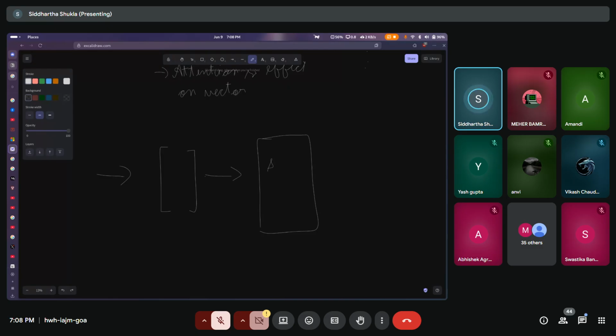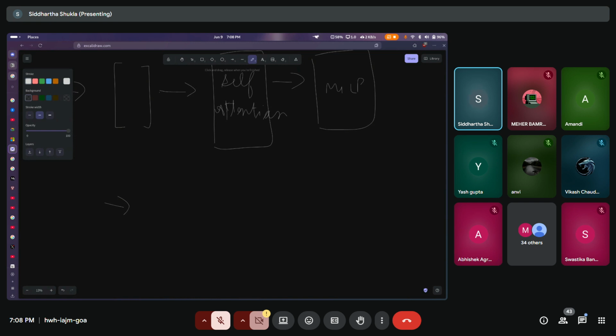So this is your self-attention layer. And then we have an MLP layer, obviously, but we are just going to talk about attention for now because MLP goes beyond the scope of this right now. So self-attention, how does it work exactly?